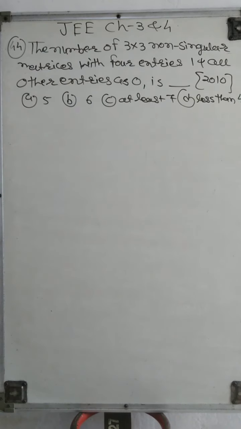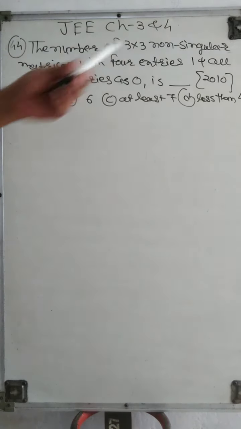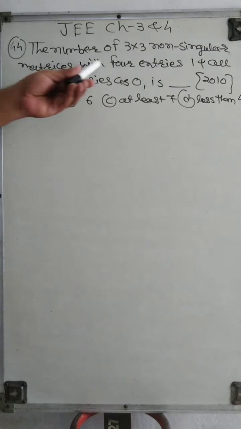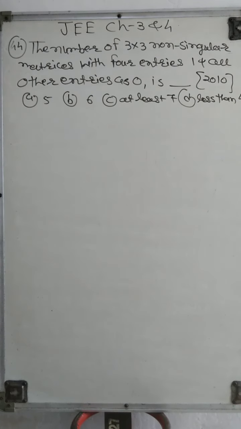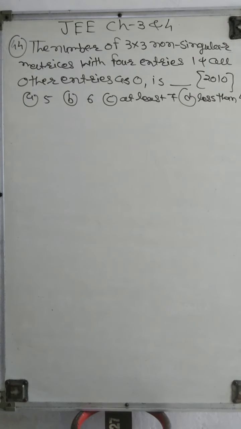Next sum. The number of 3 by 3 non-singular matrices with 4 entries 1 and all other entries 0 is dash.